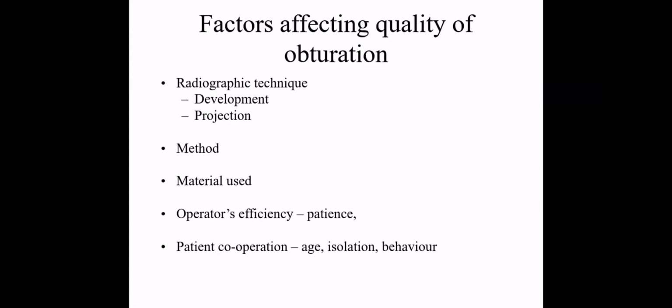Then the factors that affect the quality of the obturation are the radiographic technique, the way you project or develop, the method you use, the materials you use, and the operator's efficiency, especially the patience you show, slowly cleaning the canals. Also the patient cooperation, the age, the isolation, the behavior of the child, all those things affect the quality of obturation.